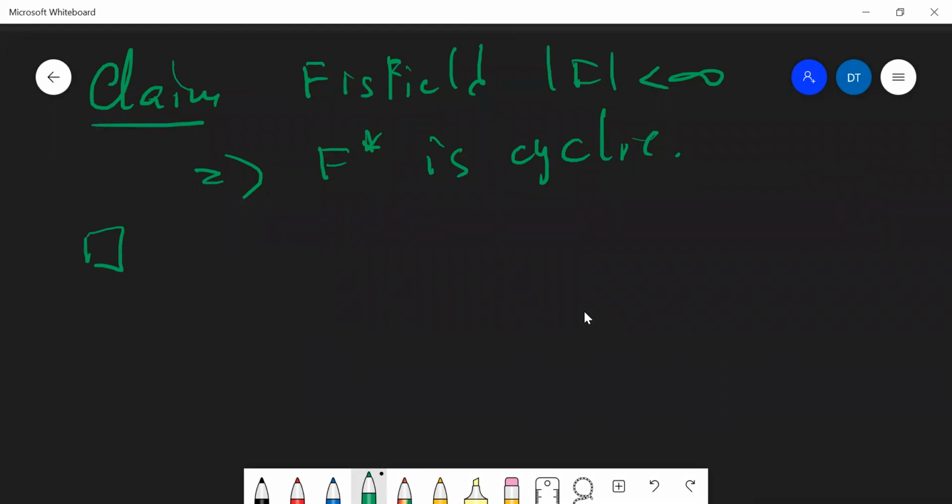Okay, so how do we prove this? Well, first of all, F star is a finite abelian group.